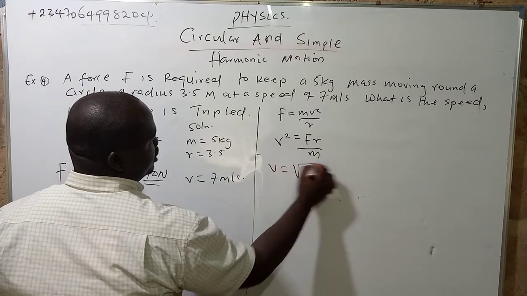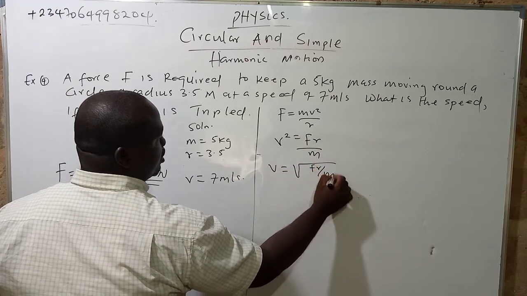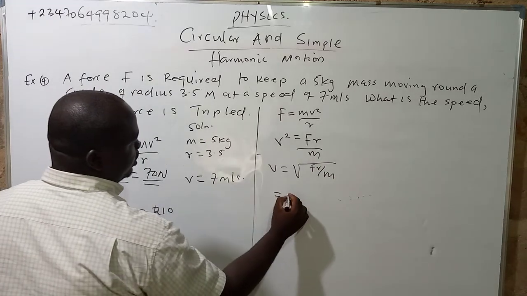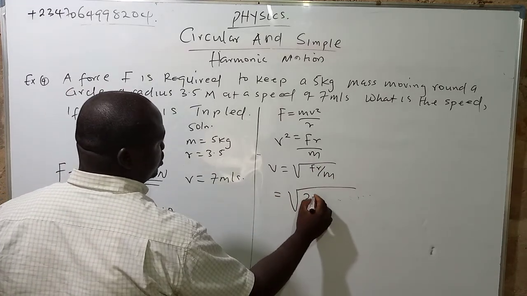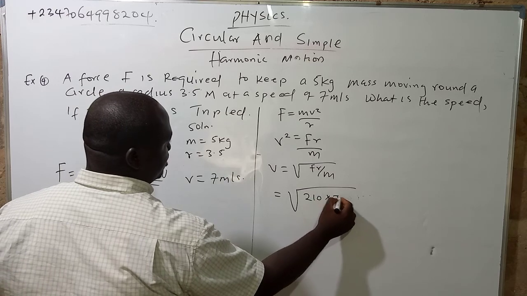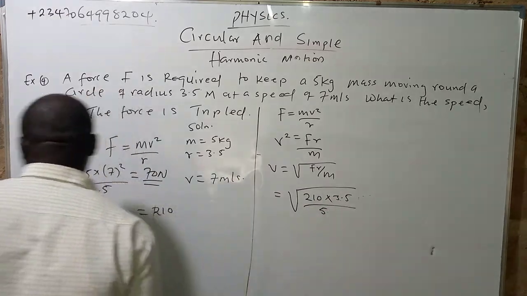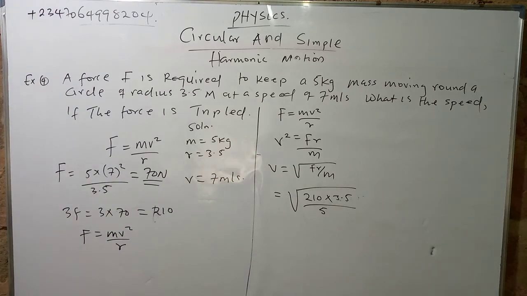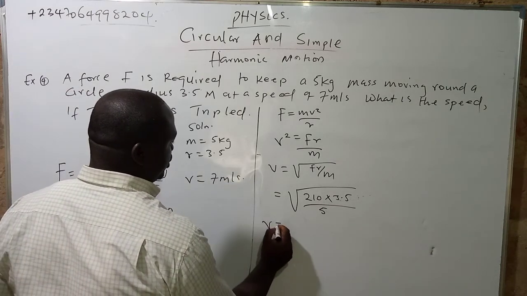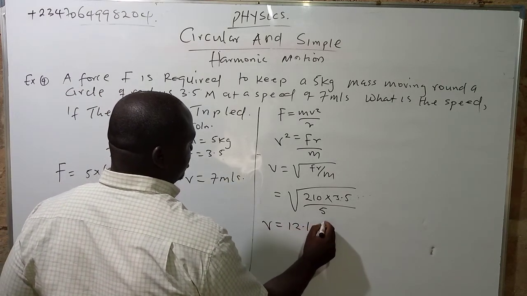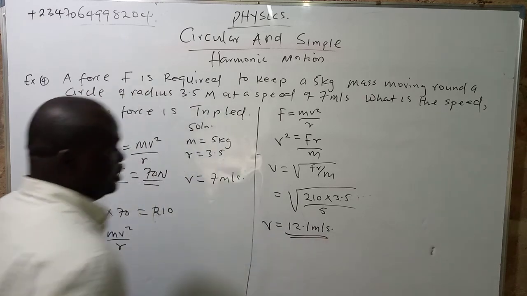So v is the square root of Fr over m. So we have the square root of 210 times 3.5 divided by your mass, which is 5 kg. If you punch that into your calculator, what you will get is 12.1 meters per second. So the velocity is 12.1 meters per second.